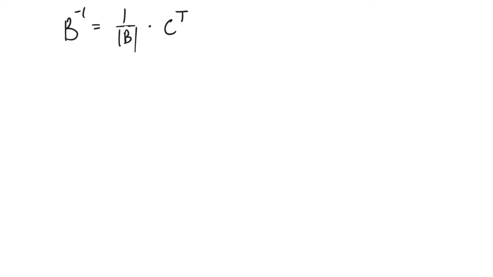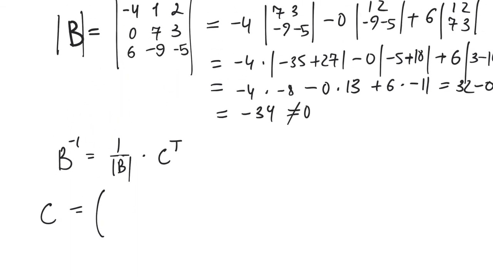We have to find the coefficients and get the transpose of the coefficient matrix. So the coefficient matrix is going to be a 3 by 3 matrix, just like our original matrix B.